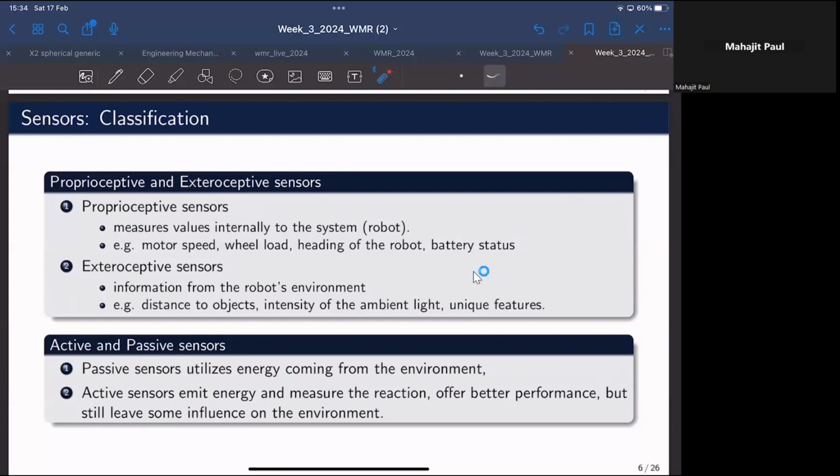And in order for it to do that, it has to emit some energy, some sound waves. That is what we meant by active sensors, because you have to give some sort of energy to those sensors for them to function. So those kinds of sensors come under active sensors. I hope that is clear: the two kinds of classification of sensors, proprioceptive and exteroceptive, active and passive sensors.